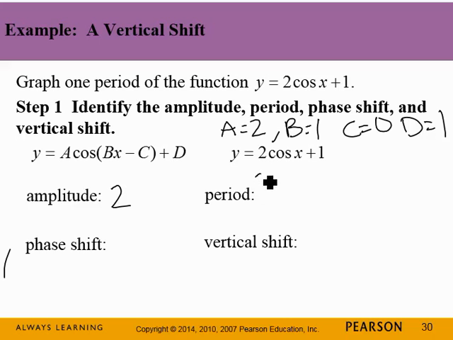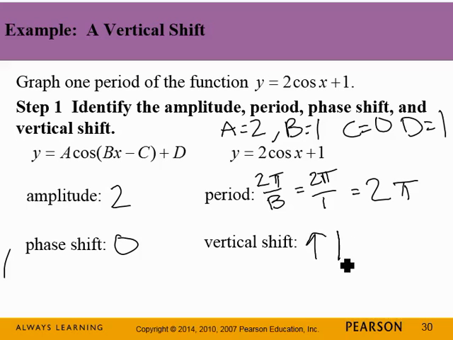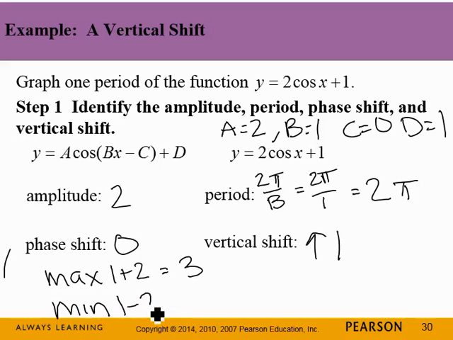Your period is 2 pi over b, so 2 pi over 1 is just 2 pi. Your phase shift is 0, since you don't have a c value. And your vertical shift is going to be up 1, since it's a positive d. So this means our max is going to be 1 plus 2, so our max is 3, and the min is going to be 1 minus 2, so negative 1 is your minimum value.